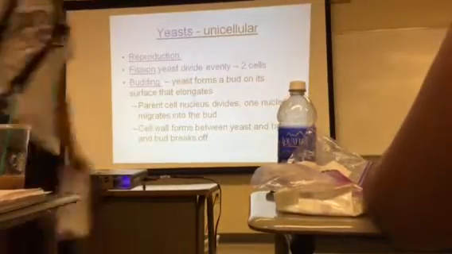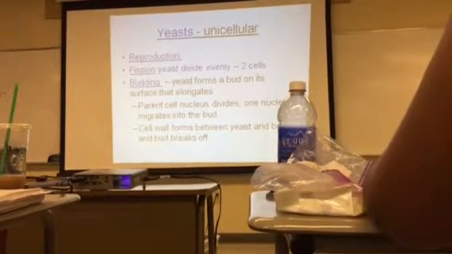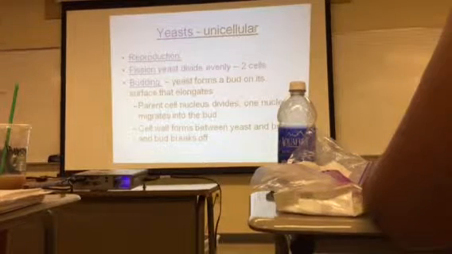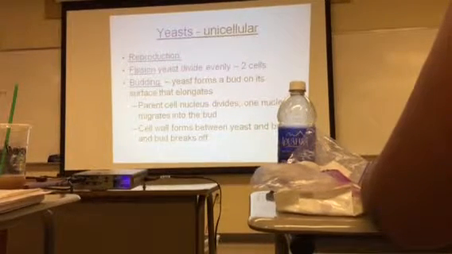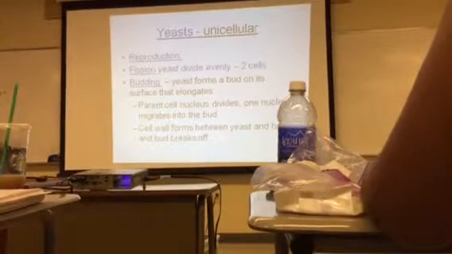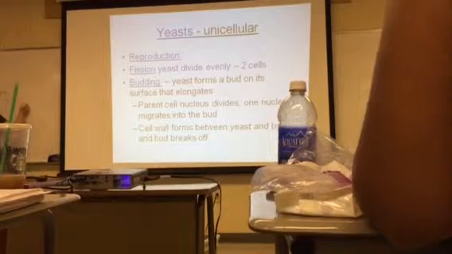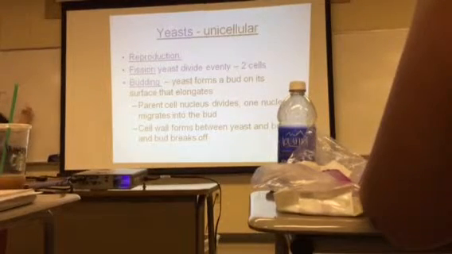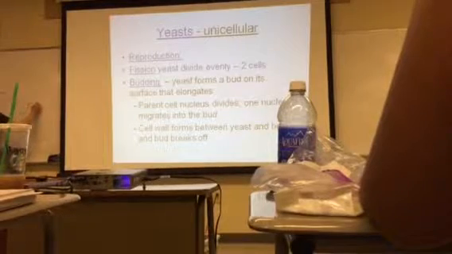Yeast are unicellular. When they reproduce, they can reproduce by fission, where a yeast cell will divide evenly into two cells, or they can divide by budding, where the yeast forms a bud on its surface, and that bud is going to elongate. Yeast are a little bit oval like that, and make a bud.